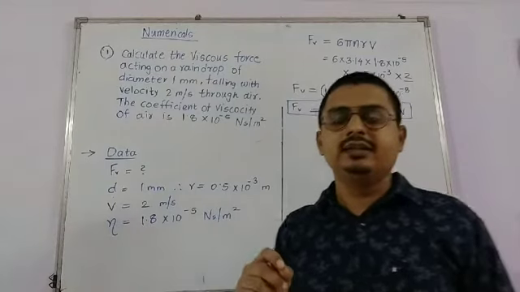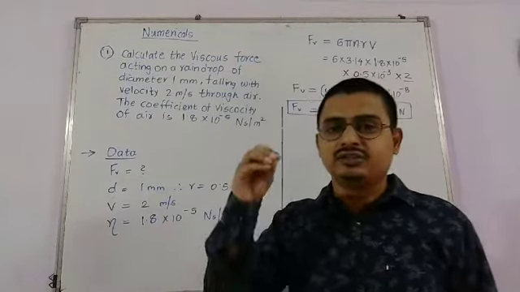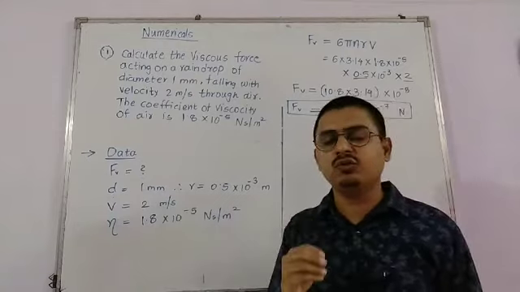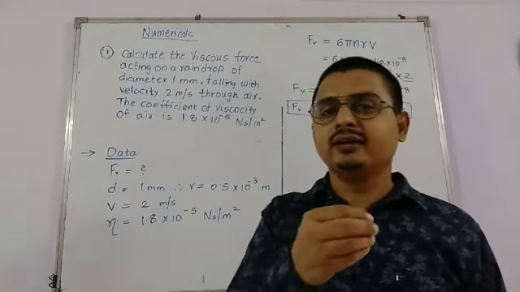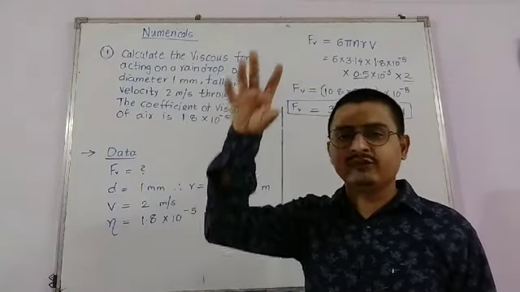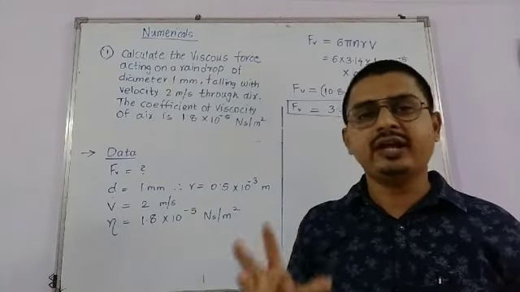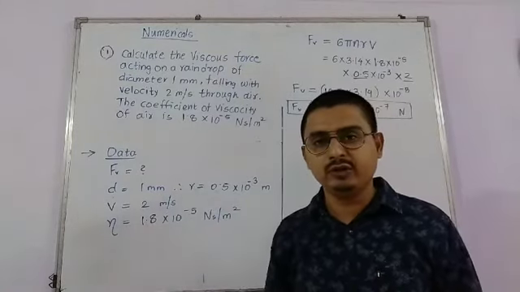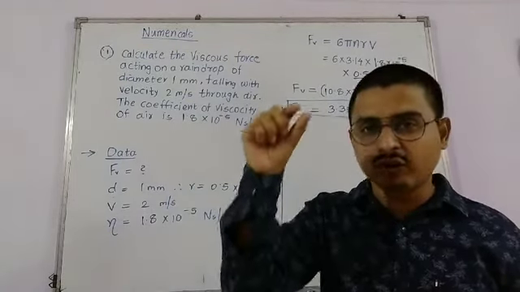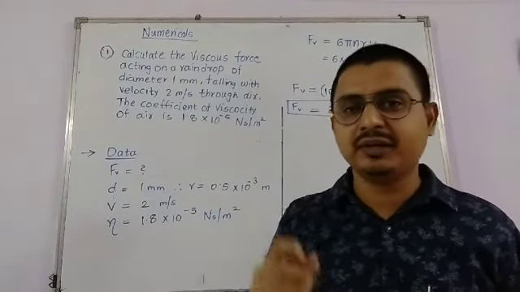So here, whenever a molecule or a sphere is dropped from a certain height in a fluid, there is a viscous force opposed by the adjacent layer of the fluid. Here the fluid will be air. यहाँ पे जो air molecules है, the smooth flow of air molecules will act as a fluid, and when the raindrop is falling from a certain height, that raindrop will act as a small sphere or spherical drop.